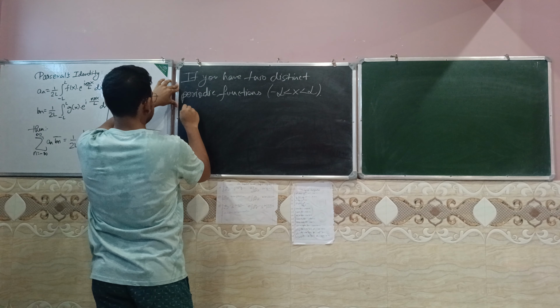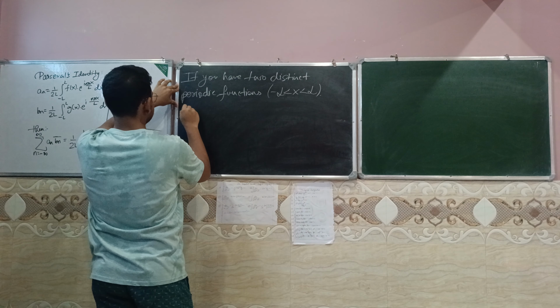And b sub n is 1 over 2L times the integral from negative L to L of g of x, the second periodic function, times e to the i n pi x over L dx. Okay, so we are here so far.